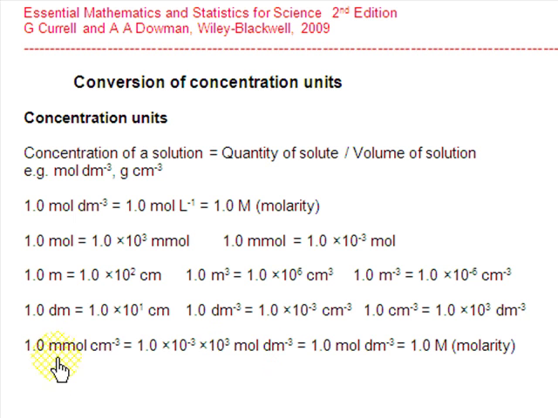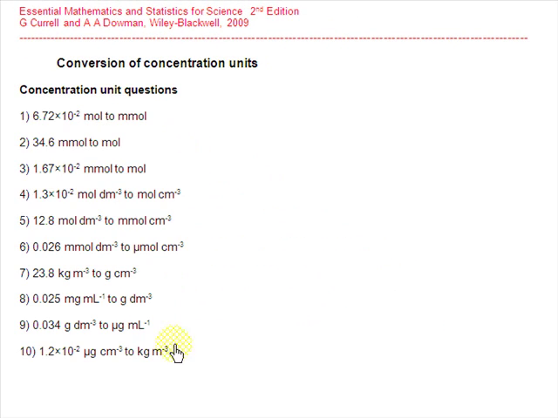First of all, millimoles to moles involves a multiplication of 10 to the -3, and centimeters to the -3 to decimeters to the -3 we multiply by 10 to the 3, so that evaluating that we find that 1 millimole per centimeter cubed is the same concentration as 1 mole per decimeter cubed, which, as we said before, is unit molarity. We can now work through the answers to these questions on converting concentration units.